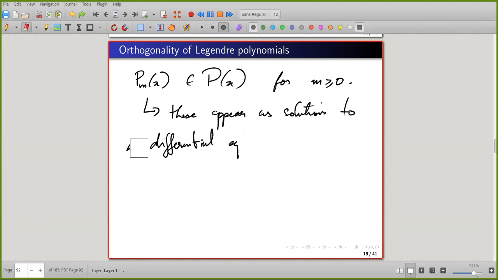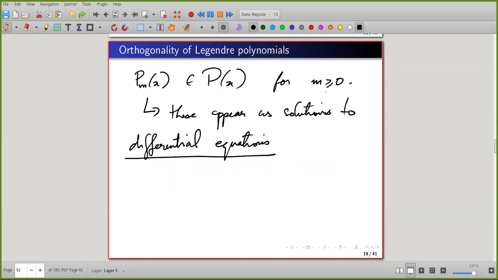There are many differential equations: for each m greater than or equal to 0, we have the Legendre equation, and one of the solutions of that Legendre equation is this polynomial, P_m of x.